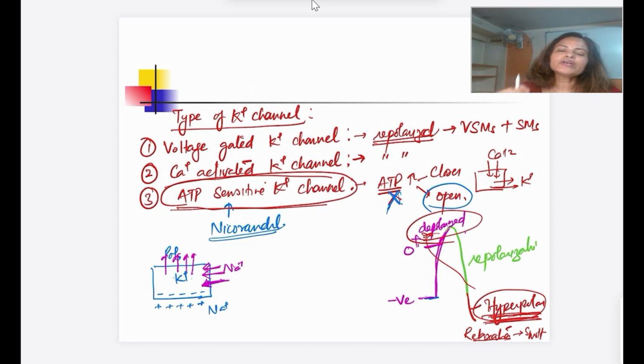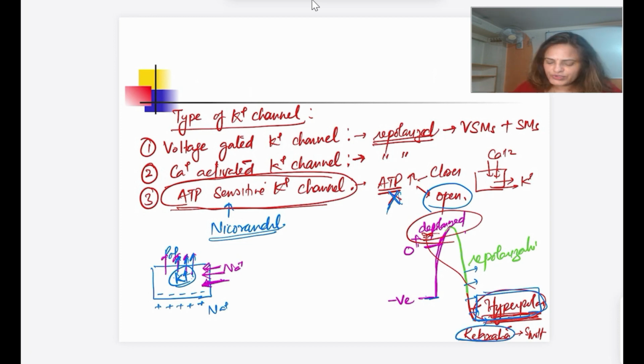Once this potassium channel is opening, always remember the ions move from the higher concentration gradient towards the lower. Now potassium is inside, it is more. So once there is opening of the channel, this potassium will move outside. So there is an efflux of potassium, and with the efflux of potassium it is going to cause hyperpolarization of the cell and causes the relaxation.